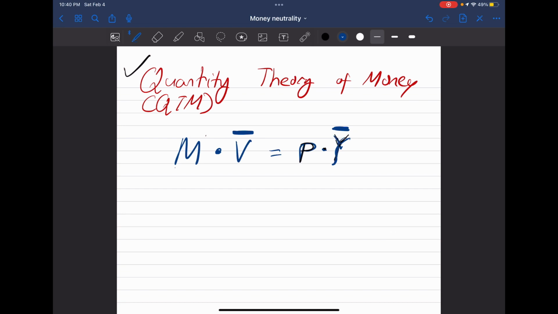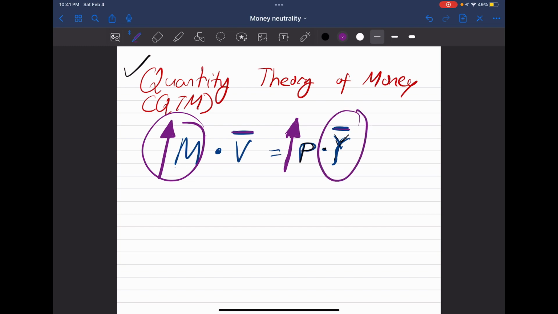If there is a monetary expansion, where we increase the amount of money supply, in order to keep this equation balanced mathematically, the left-hand side must equal the right-hand side. If we keep these constant and increase money supply, prices will increase. So essentially, prices will just bloat the economy while the output is the same at Y bar.